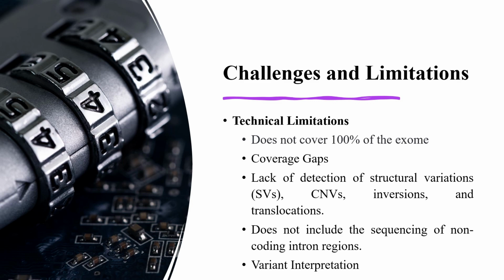If we do not have the information of the intronic region mutations, then we cannot diagnose that disease. That is the major lacking. And then variant interpretation: there are certain categories of variants for which the clinical significance has not been assigned, and that is why variant interpretation sometimes causes a major problem in the diagnosis of the disease.